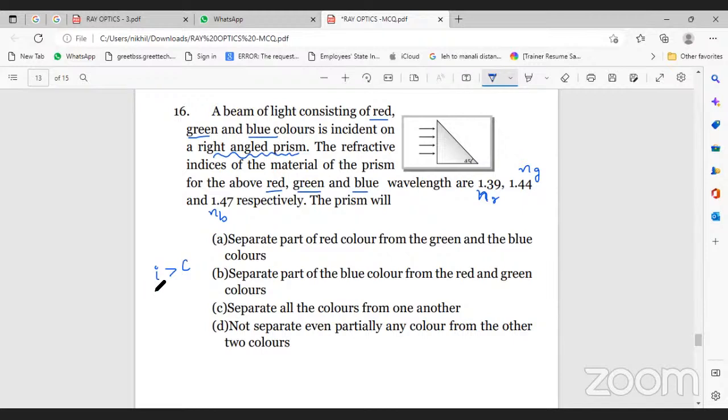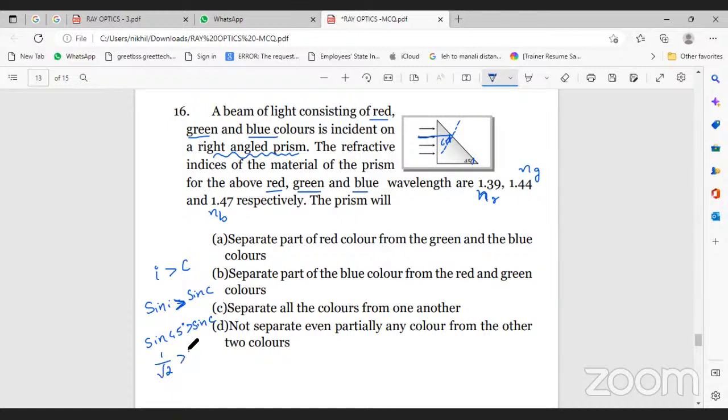So if I is more than C, then sin I is more than sin C. Here I is 45 degrees, so sin 45 should be more than sin C. What is sin 45? It is 1 by root 2.